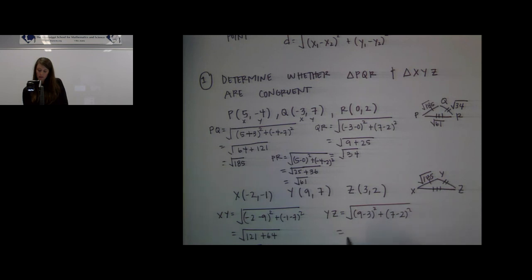That'll be 6 squared, which is 36, plus 25, so the square root of 61.